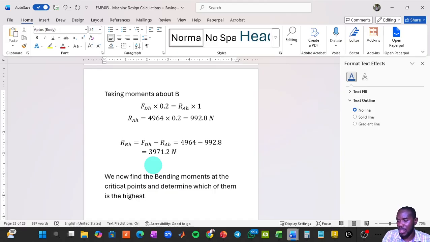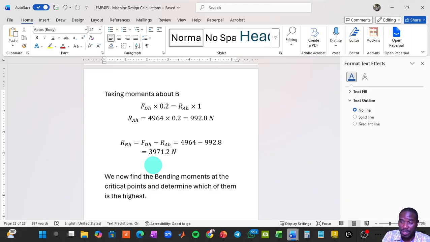What should that English be? So we know from what I've taught you previously that since the reaction forces are at point A and point B, which are the extremities of your shaft, there's going to be no bending moment at those points. Those are the support points. So there's no deflection.